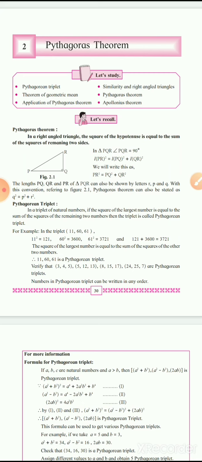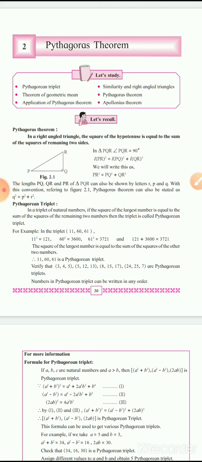First of all, we have to square these three numbers, means square of 11 is equal to 121, square of 60 is equal to 3600, and square of 61 is equal to 3721.